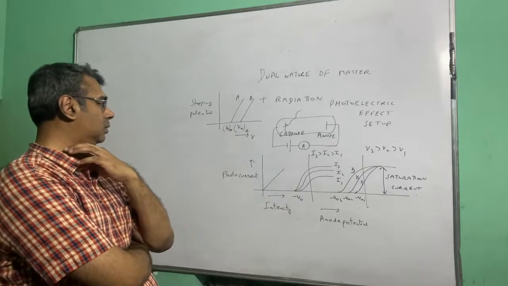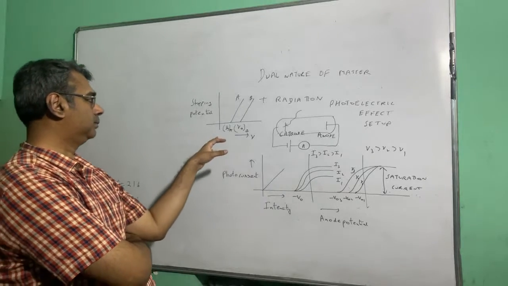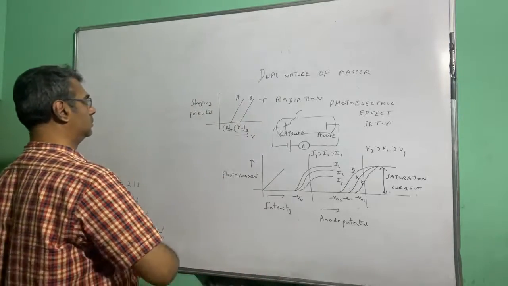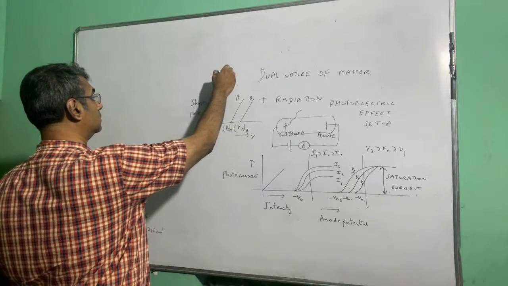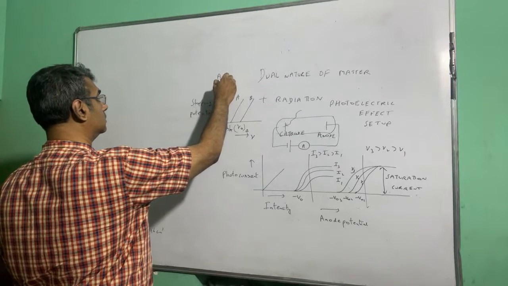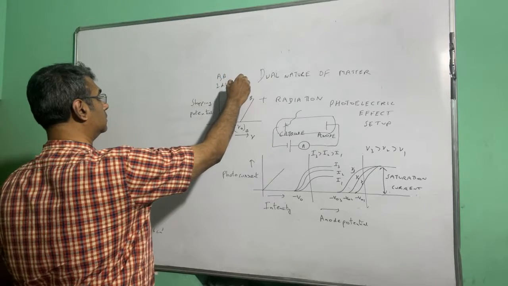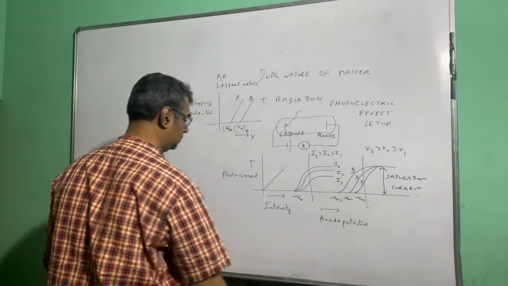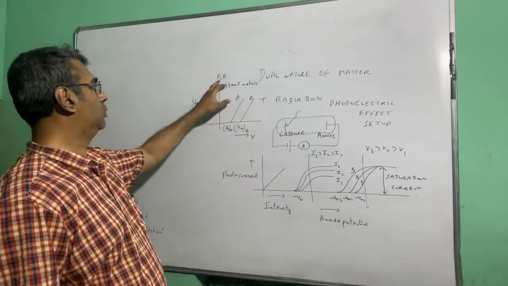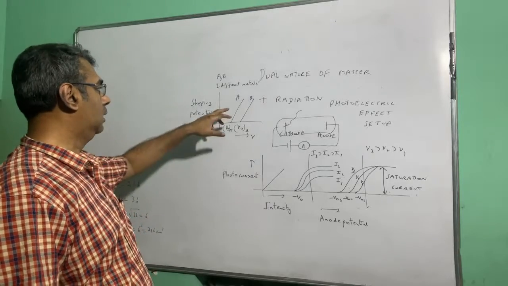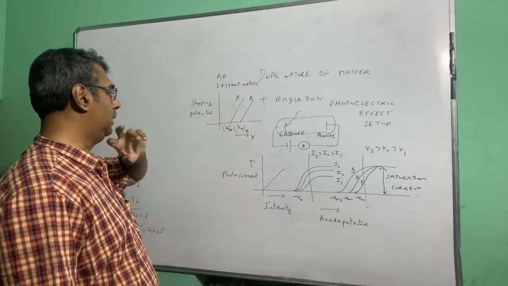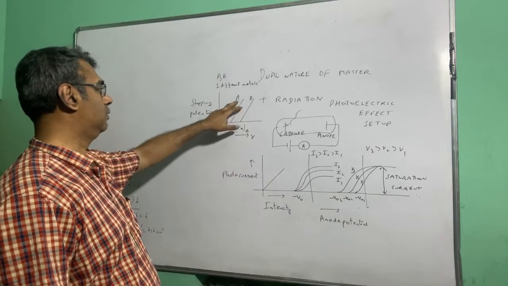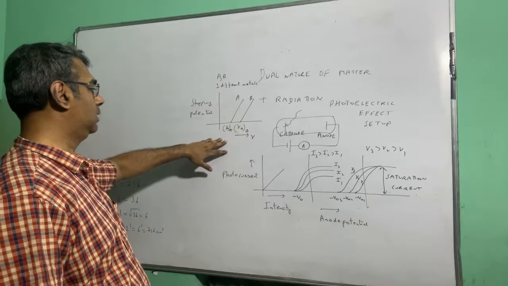Here you have two different metals, A and B. The graph of stopping potential versus frequency for these two metals A and B will look exactly like this.